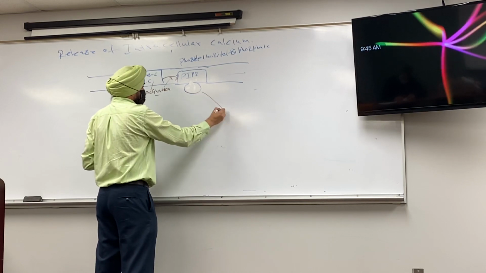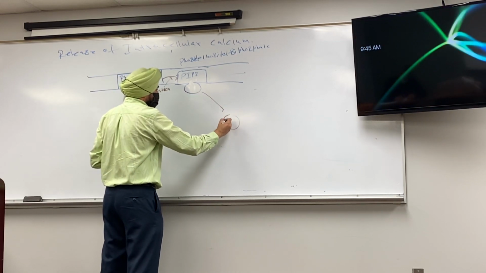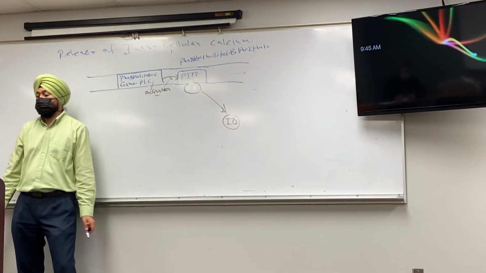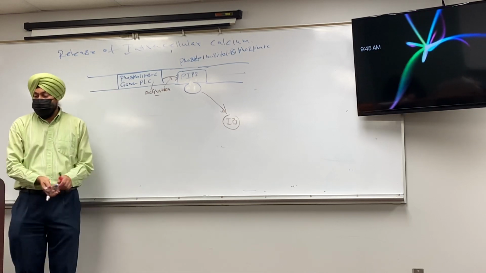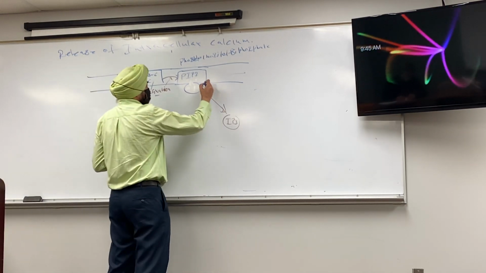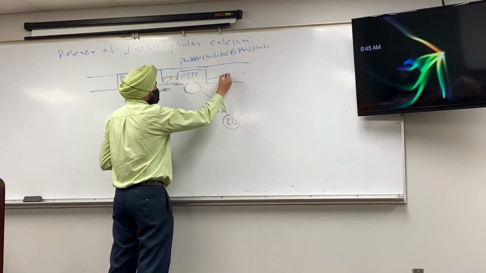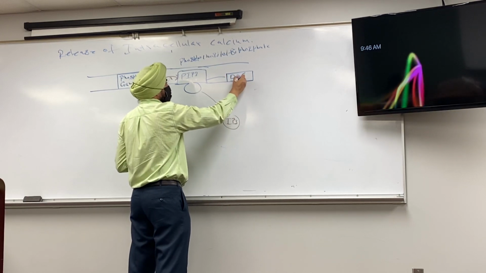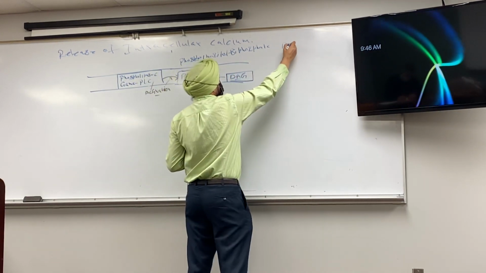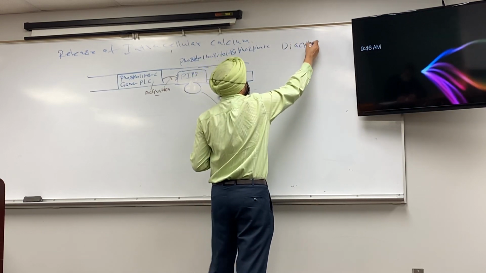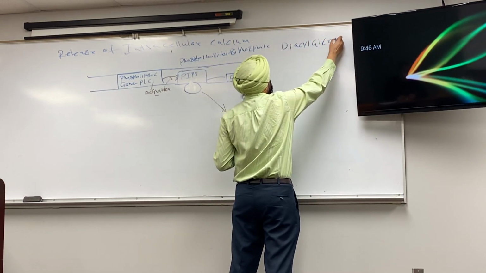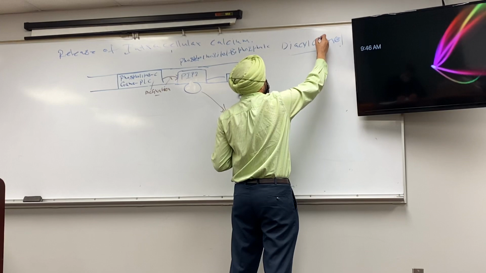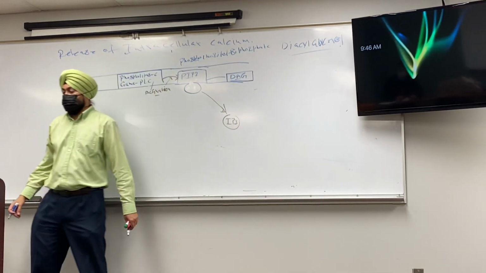This portion is released, and this becomes IP3, inositol triphosphate. It goes into the cytoplasm. Then the lipid portion that stays here is called DAG, diacylglycerol. DAG stays there.